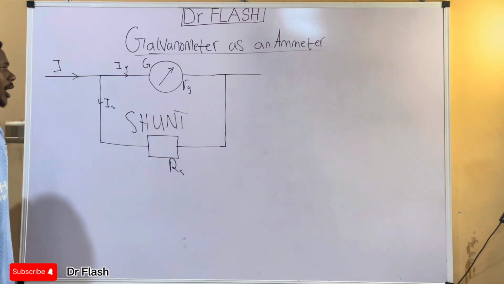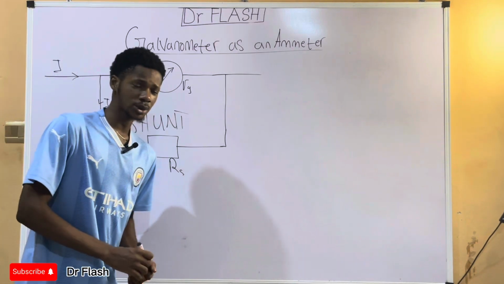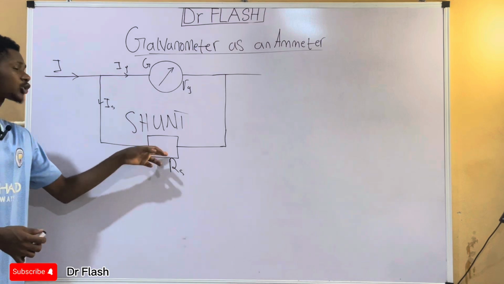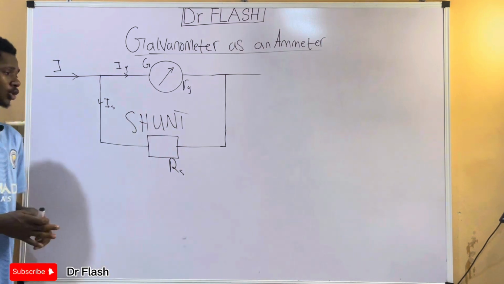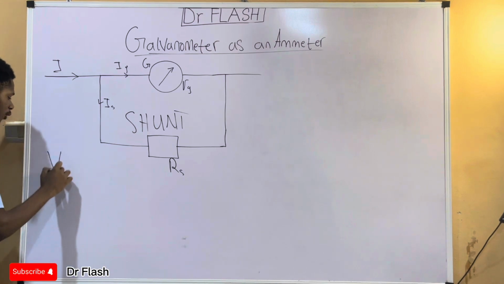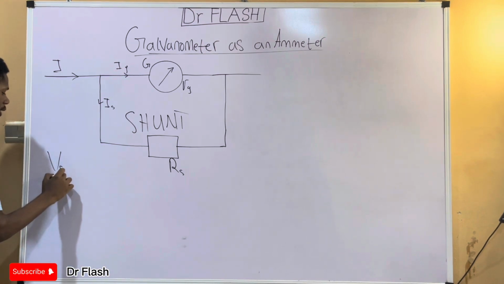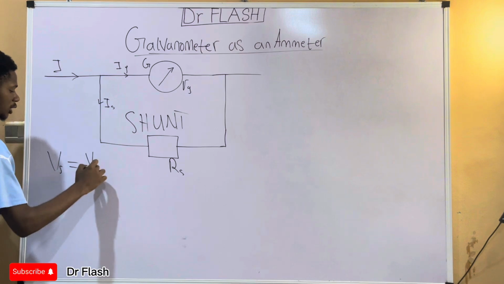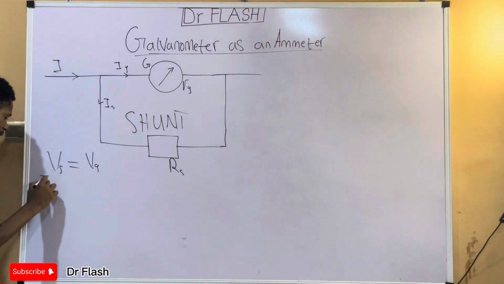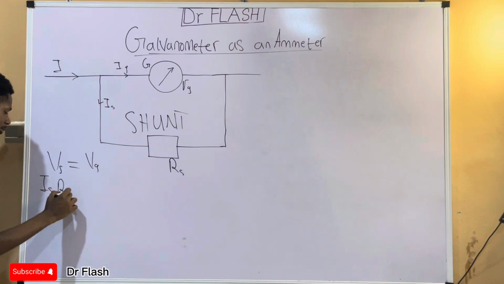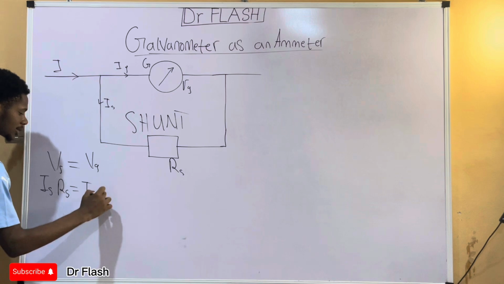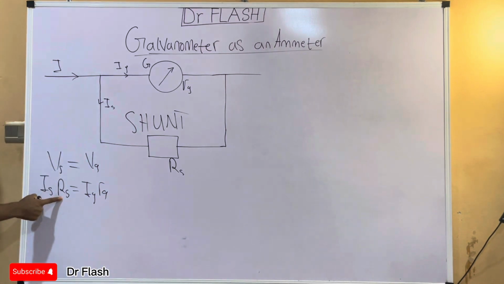From here we can apply Ohm's law and Kirchhoff's law to solve for the resistance needed to get the current you are looking for. Since they are connected in parallel, the voltage across the shunt is going to equal the voltage across the galvanometer, of which Vs is simply Is times Rs, and Vg is simply Ig times Rg, that is current times resistance.